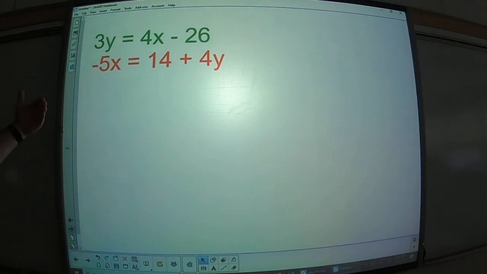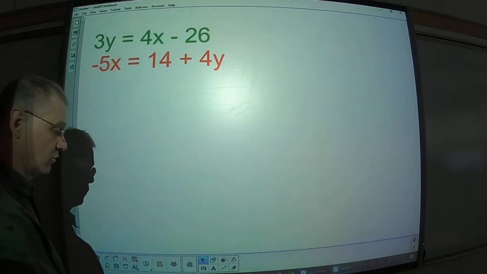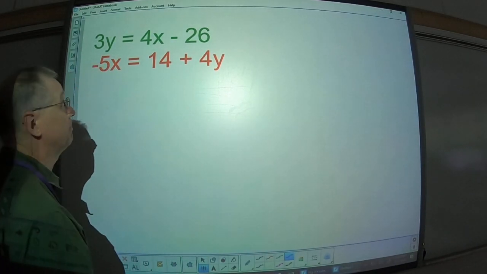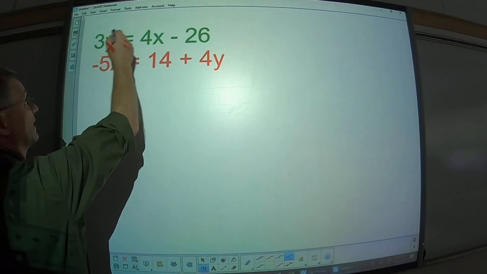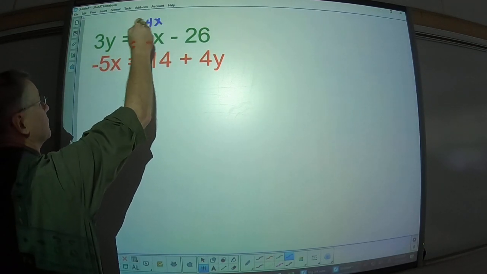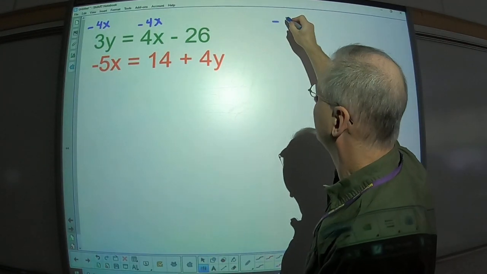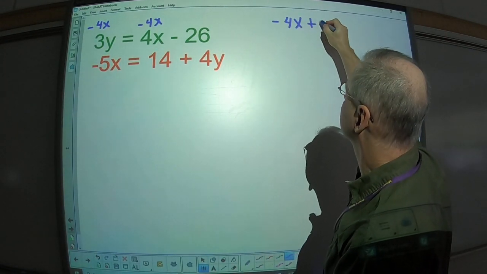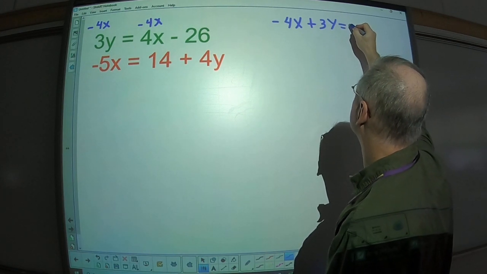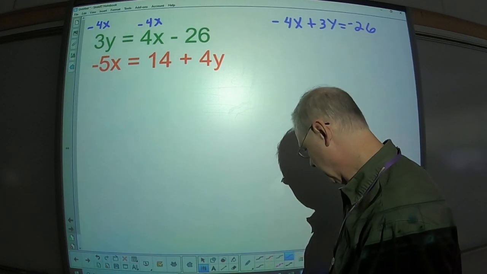Now, in this one, you can see these obviously are not listed in the correct order. So we're going to need to manipulate this. I'm going to bring the x over by subtracting 4x from both sides. So that gives me negative 4x plus 3y equals negative 26.